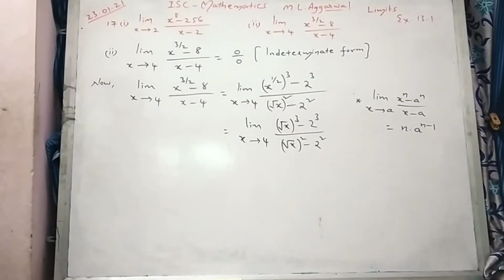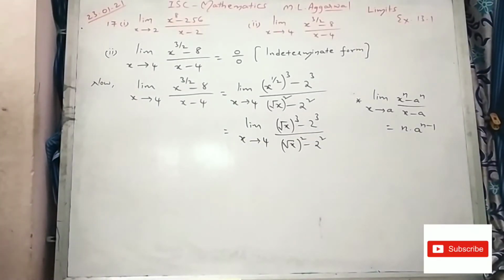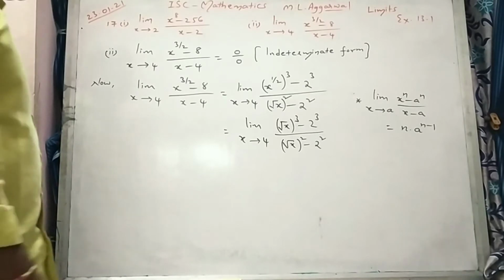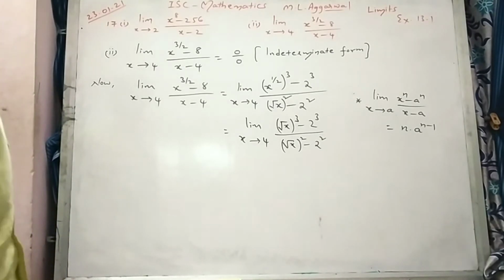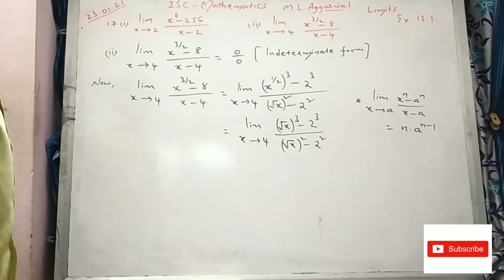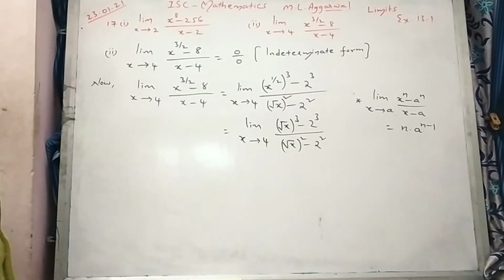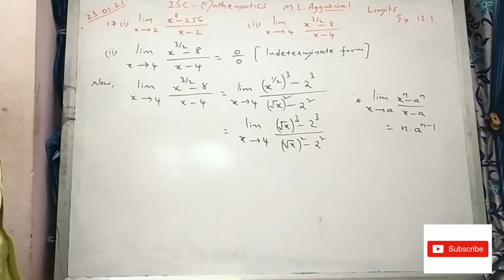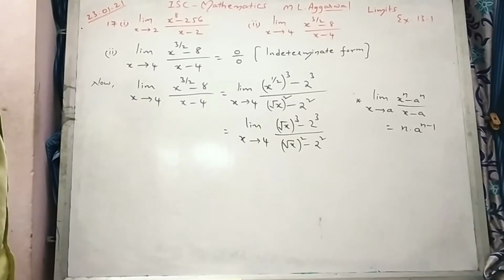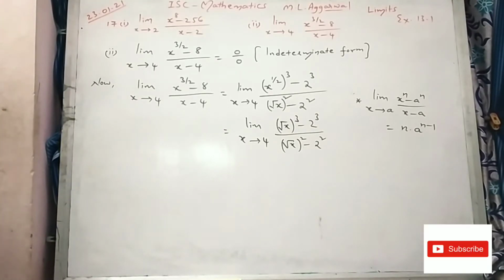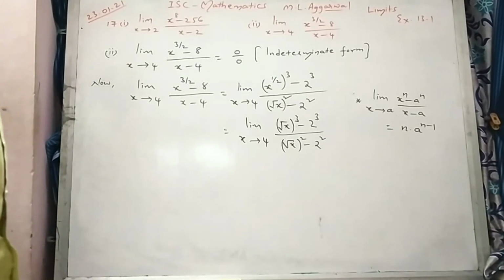Is that in the form of that? Limit x tends to a I want, right? But here we have x is tending to 4. Is that in the standard form? Check once. 2 cube is 8, right?